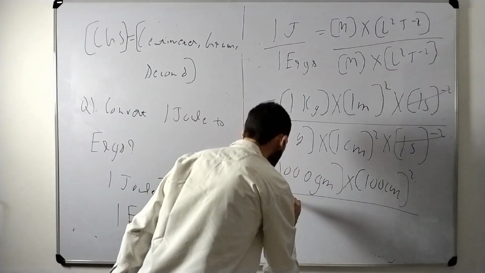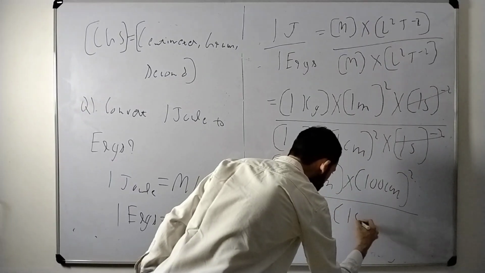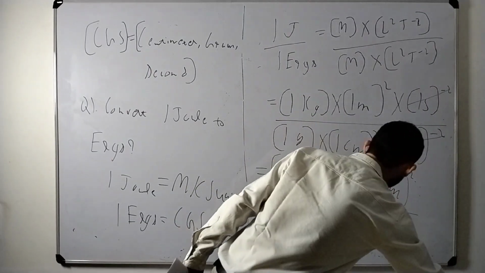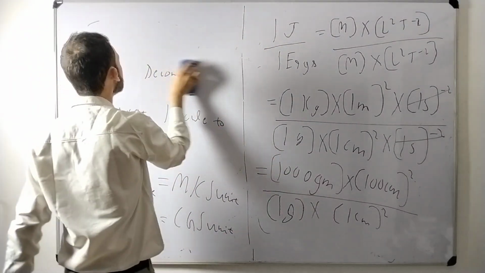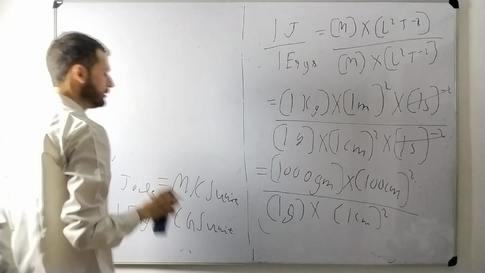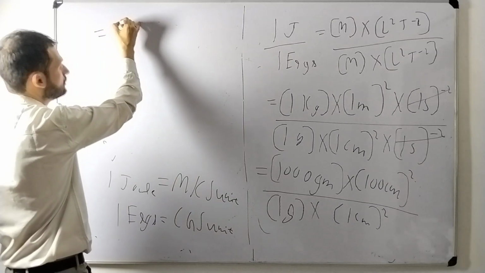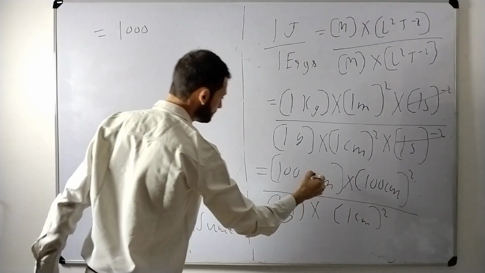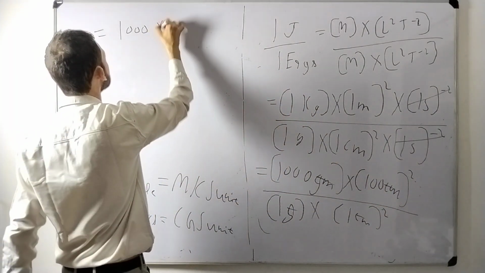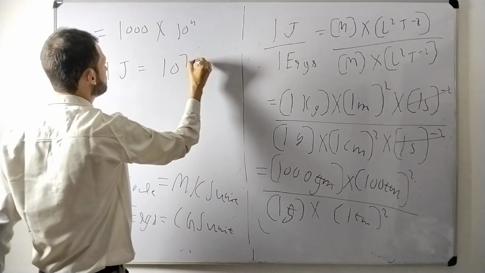This makes 1 gram, 1 centimeter. This becomes 1000 gram cancelled, centimeter gets cancelled, and this becomes 10 raised to the power 4, and 1 joule is equal to 10 raised to the power 7 ergs.